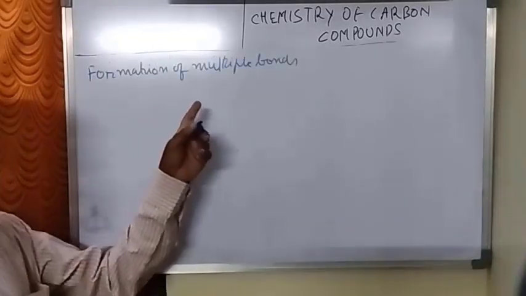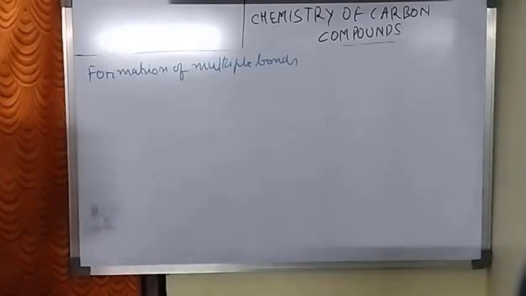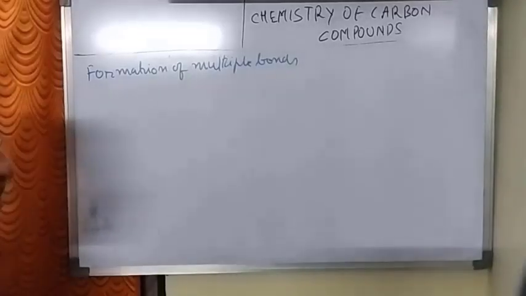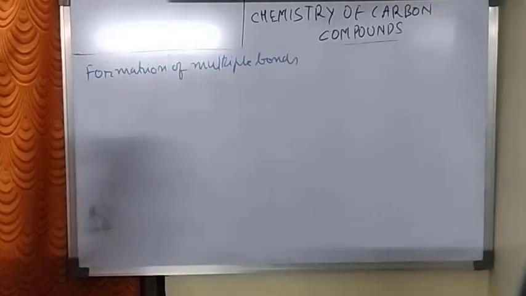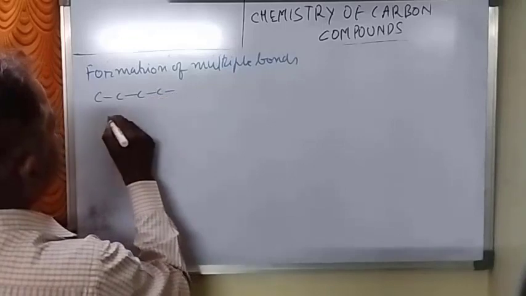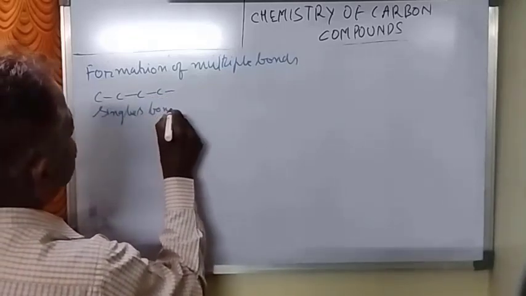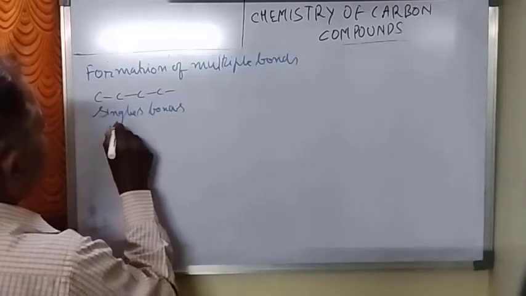Now let us discuss the formation of multiple bonds. Carbon with valency 4 has the ability to form multiple bonds with other carbon atoms and atoms of other elements like oxygen, nitrogen, etc. So here, if all C-C bonds are single bonds, they are called alkanes.